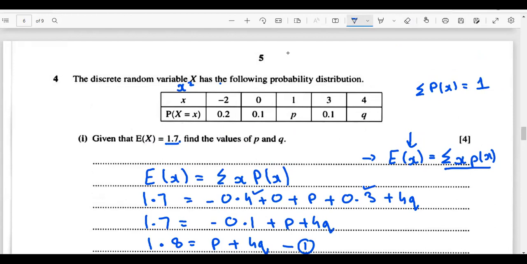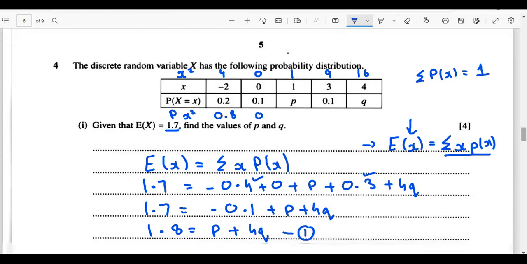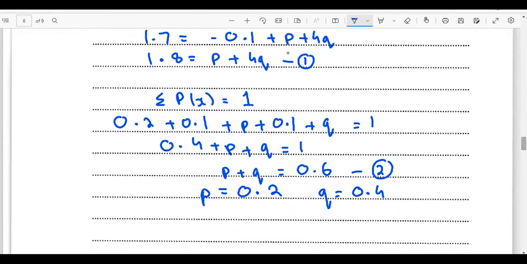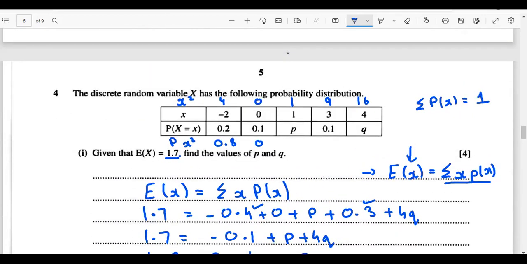So minus 2 squared would be 4, 0, 1, 3 squared would be 9, and 4 squared would be 16. Now I need to multiply the probability with x squared. So 4 into 0.2 would be 0.8. 0 into 0.1 would be 0. 1 into 0.2 would be 0.2.